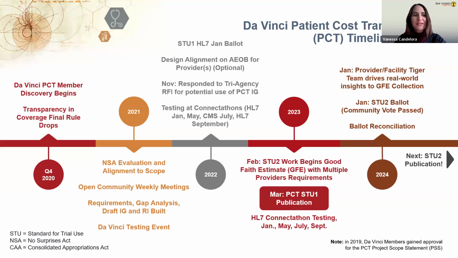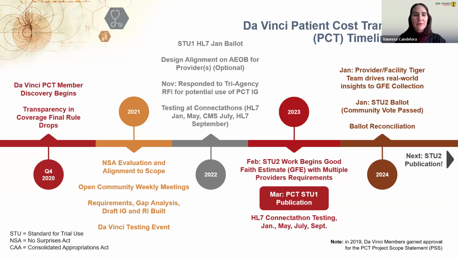So the transparency and coverage rule dropped one morning when Alice and I both remember we were in a working group meeting, and we had like 4 hours dedicated to digging in deeper to patient cost transparency. And that very morning, this transparency and coverage rule dropped, and it kind of morphed our direction, and we've been sort of pivoting. And then in 2021, the No Surprises Act really gained traction, and we learned a lot about that and started building our requirements.